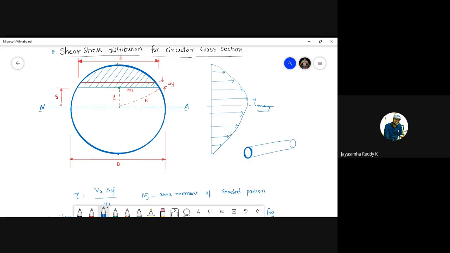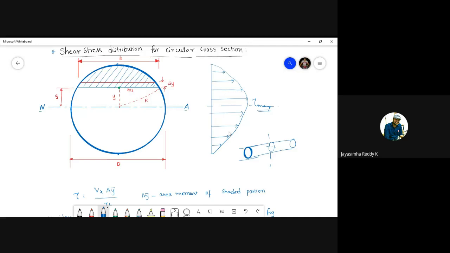Okay, this is what our circular beam looks like. So here also the extreme fibers remain. At the extreme fibers, it is 0. We are calculating this shear stress distribution at cross sections. So if you cut it here and see the cross section, there will be a circular cross section, and in this circular cross section I am solving the shear stress distribution.